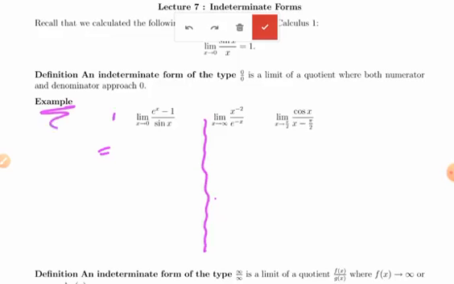Example number 1. What's the limit as x approaches 0 of e to the power of x minus 1 over sine x? Direct substitution, e to the power of 0, which is 1, minus 1, and this all over sine 0, which is 0. So my answer here is 0 over 0, which is indeterminate form. So let's apply my L'Hopital's rule. Differentiate the numerator, and find the derivative of e to the power of x.